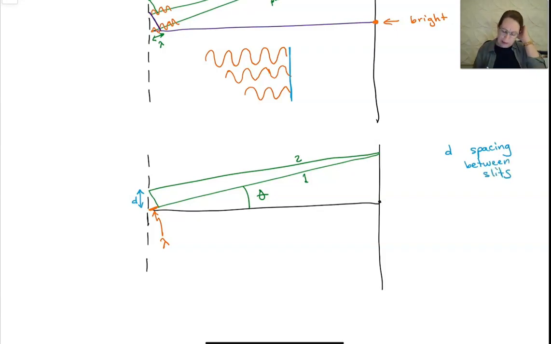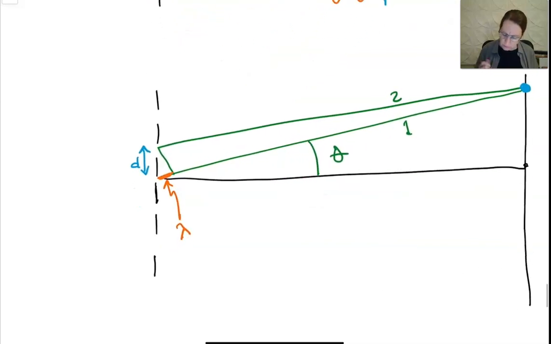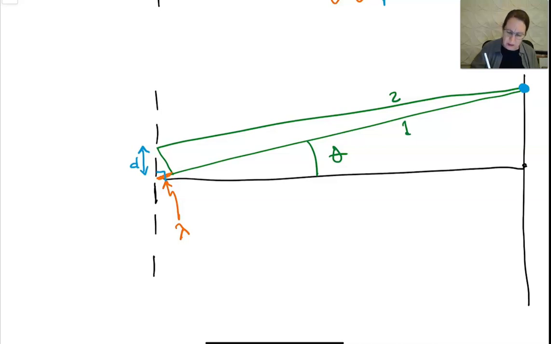And we can relate that when we have a bright spot here, at this angle where we get a bright spot, we can look at our geometry and realize, hey, this is a 90-degree angle. This is theta, which means that this angle right in here must be 90 minus theta, which means this angle right up there is also going to be theta.